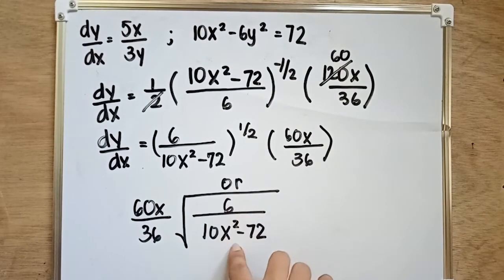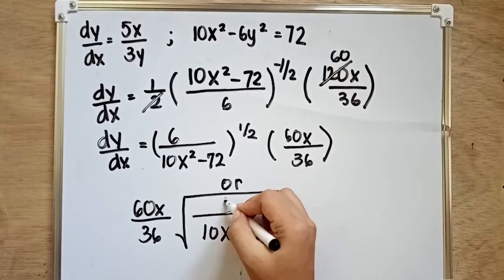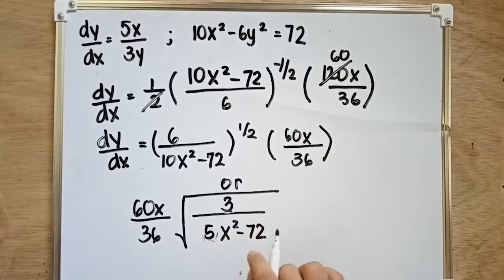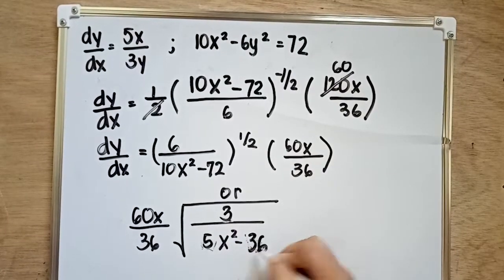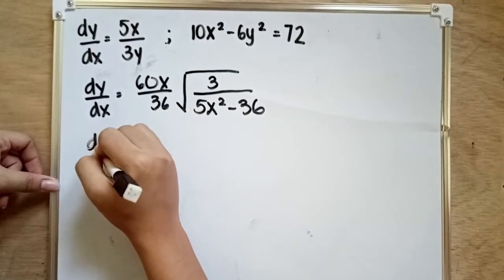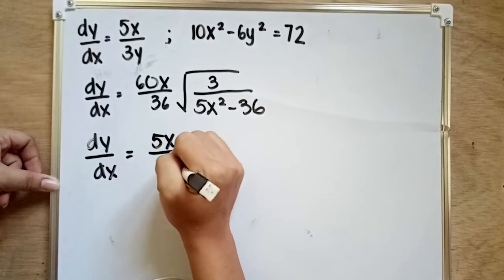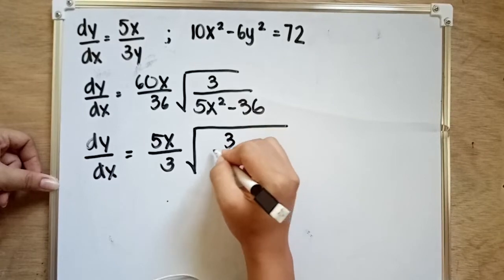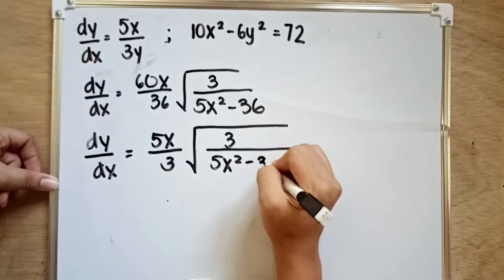So, pwede pala tayo mag-divide dito ng 2. Magiging 3, 5, and 72 divided by 2 is 36. We can divide 60x over 36 by 12. So, our final answer is dy over dx is equal to 5x over 3 times 3 square root of 3 over 5x squared minus 36.